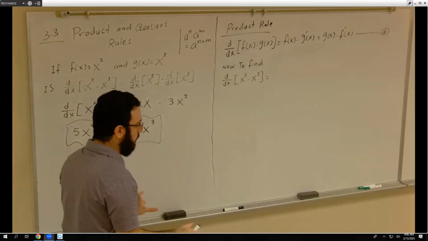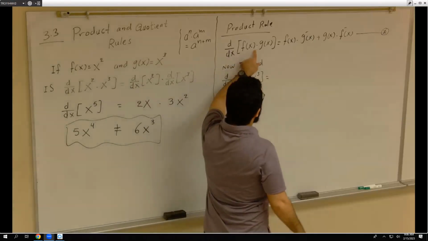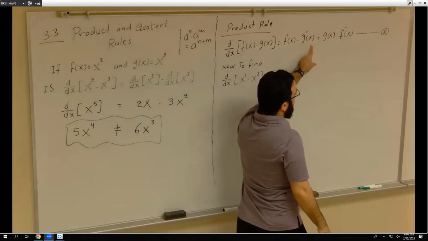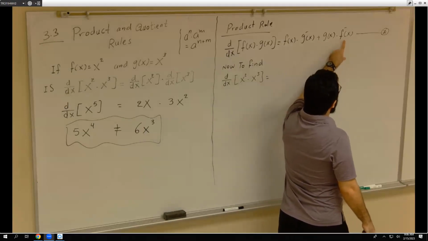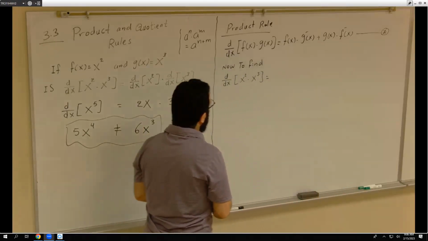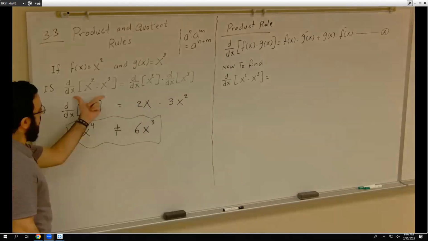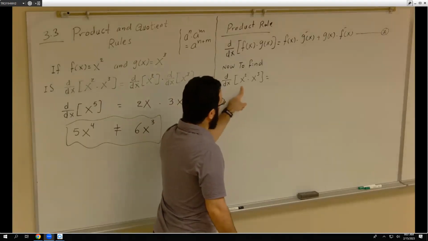It's two functions. When I find the product between these two functions, the derivative of a product is going to be the first one times the derivative for the second one, plus the second one times the derivative for the first one. So now we're going to go back to this side, and we're going to try to find the derivative for the product of these two functions.